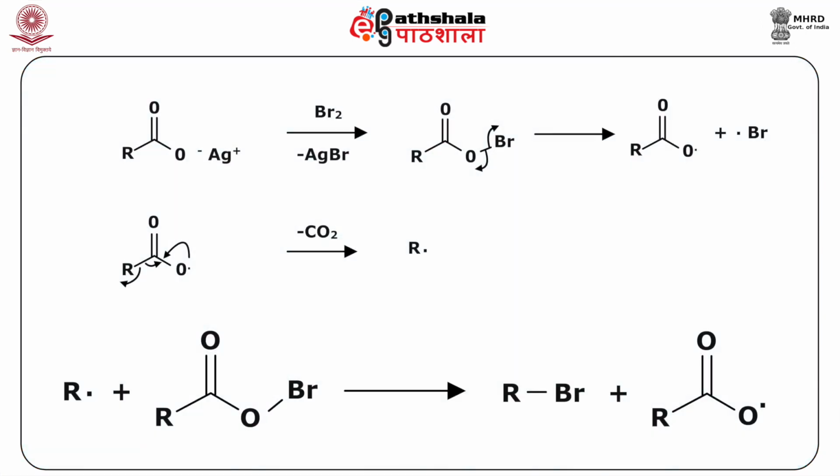In the reaction, the silver salt of the carboxylic acid reacts with bromine to give an acyl hypohalite intermediate. A diradical pair is formed after radical decarboxylation, which will quickly recombine to form the desired organic halide.